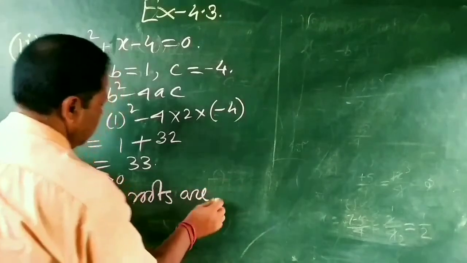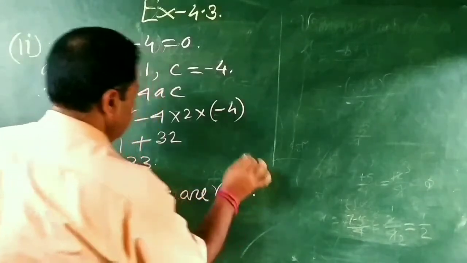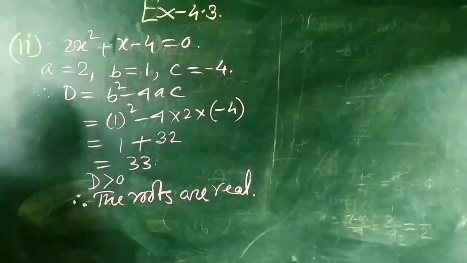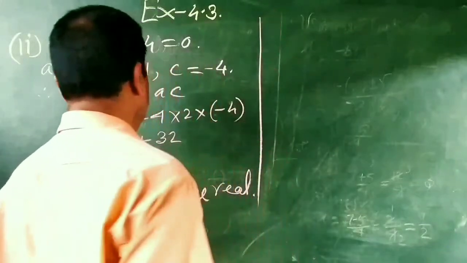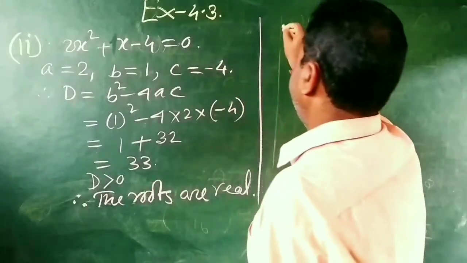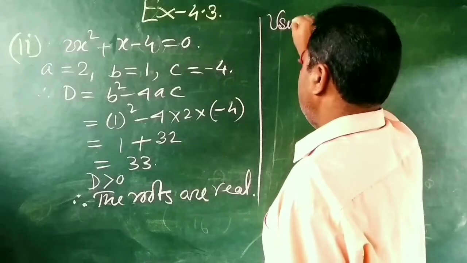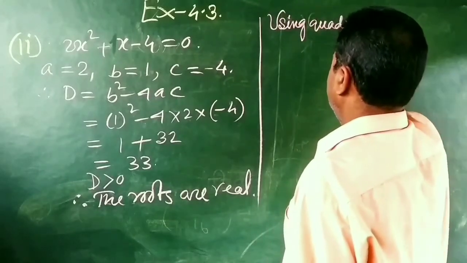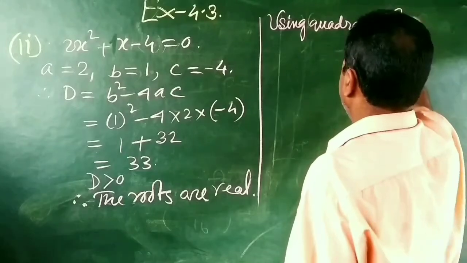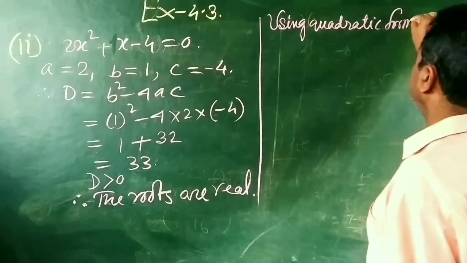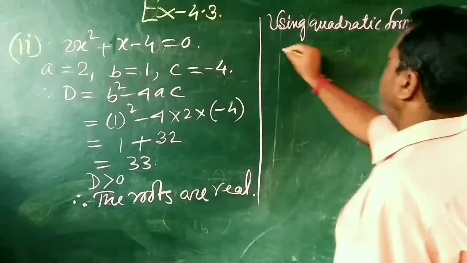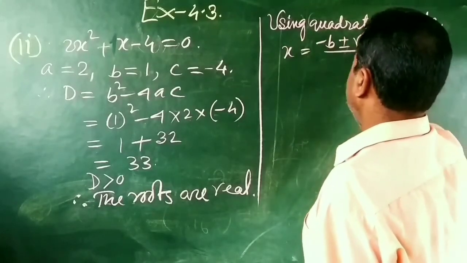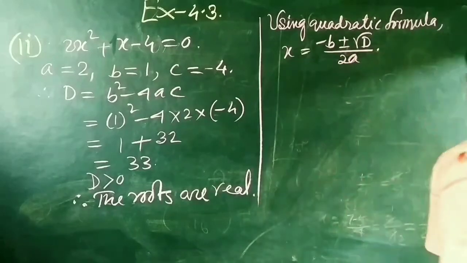Therefore the roots are real. So if there are real roots, then we can find them. Now we will go for using the quadratic formula. Using the quadratic formula, x is equal to minus b plus or minus root D by 2a. This formula you have to memorize.